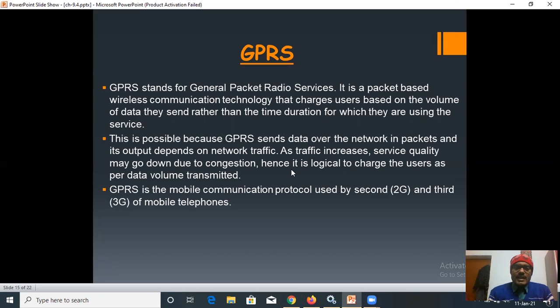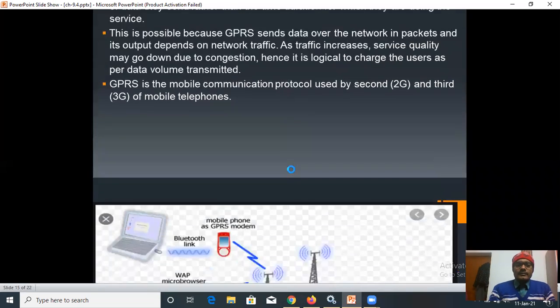Now the last point, GPRS is the mobile communication protocol used by second generation 2G and third generation 3G mobile telephones. So now we have discussed all the things about GSM, CDMA, WLL and GPRS.